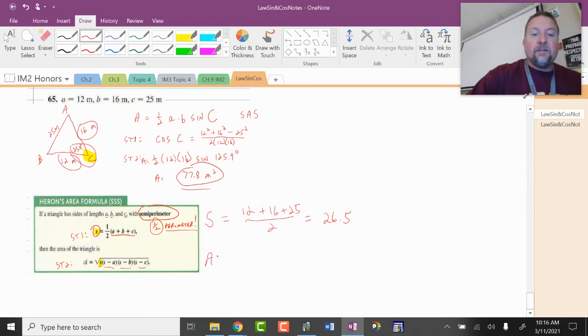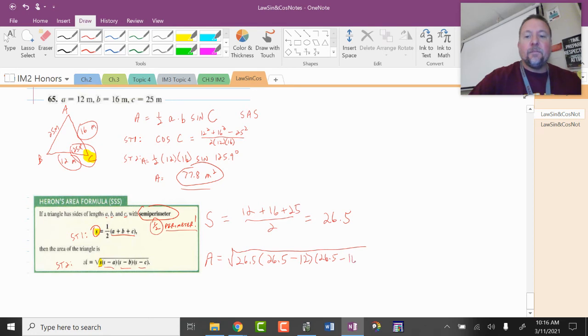Step 2, here's the area: square root of 26.5 times 26.5 minus each side. Watch what I do with 26.5 on my calculator. I'm going to store it so I don't have to keep writing 26.5. Nice little calculator feature.